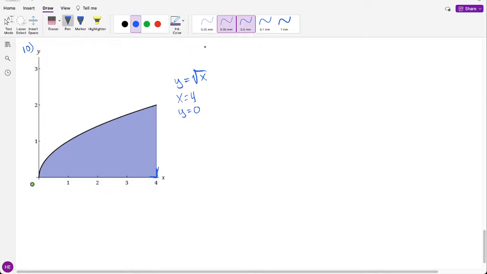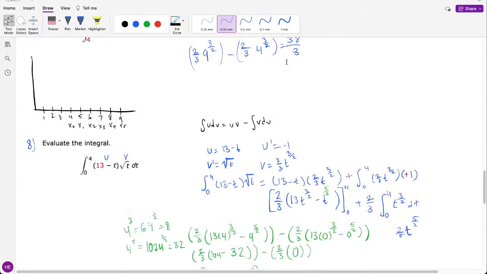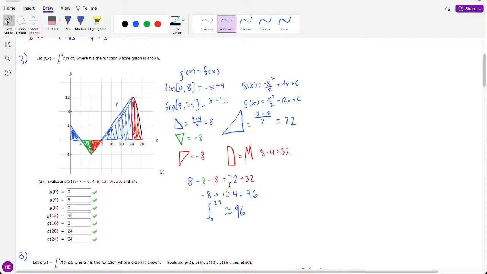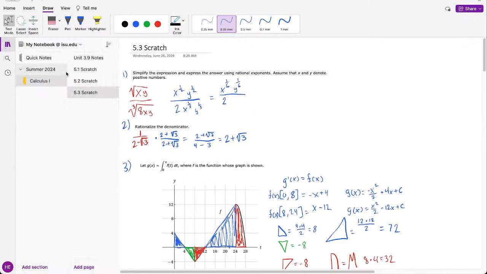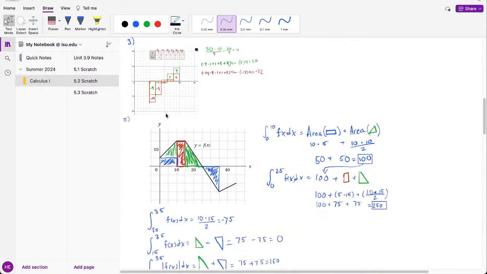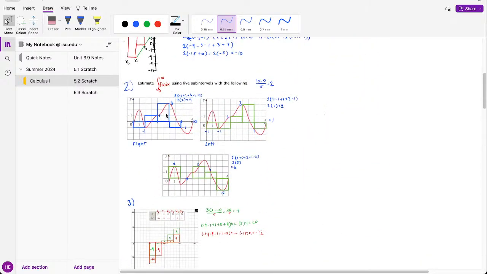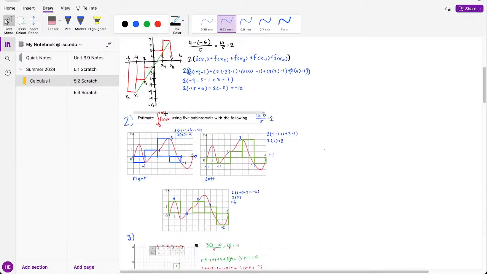How do we get the area then? Why don't I remember? Maybe I need to go to yesterday's stuff. We can estimate it pretty easily.